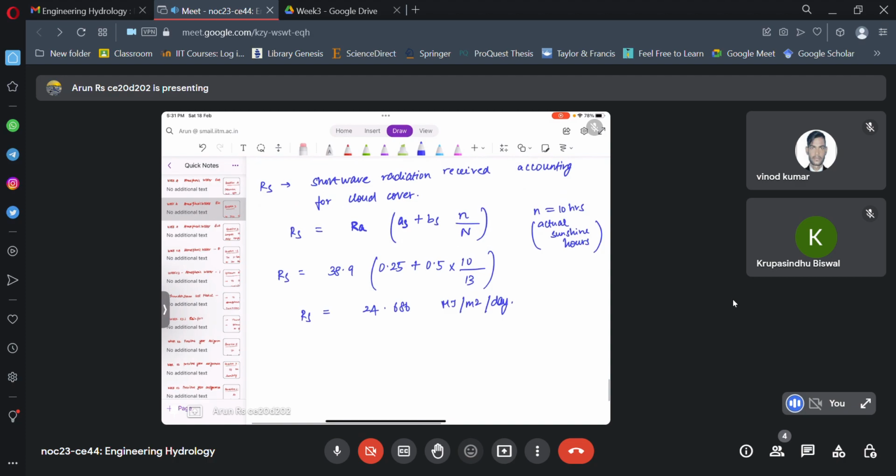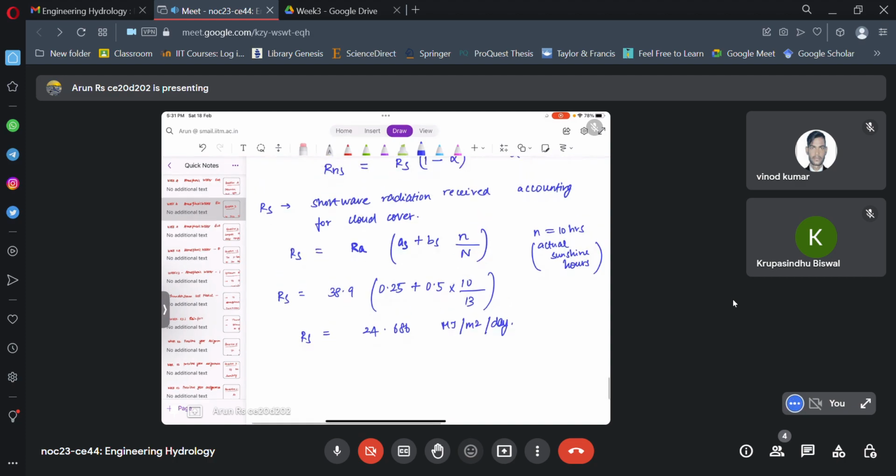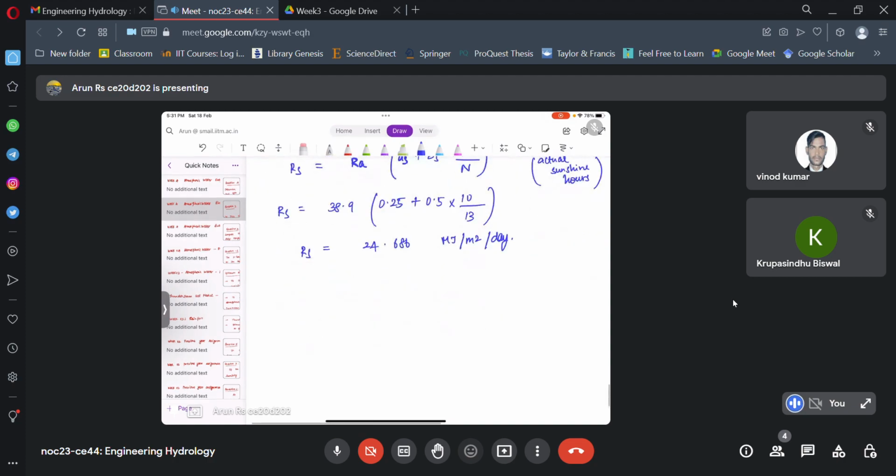So we got RS, so we can compute RNS now. So your RNS is equal to 24.686 into 1 minus albedo. Albedo in the question is given as 0.1.